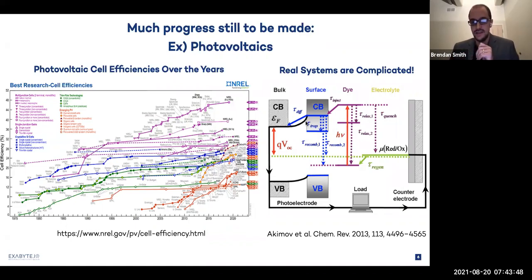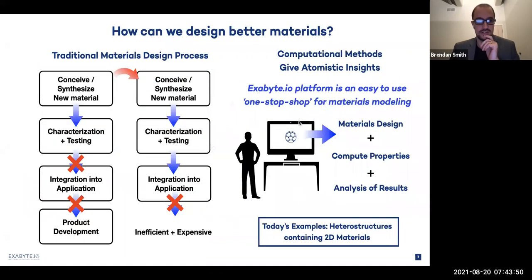I would say you would go on the materials discovery journey, or materials design process, where traditionally it would start with conceiving or synthesizing some new material. You would then characterize and test it, integrate it into an existing application like a photovoltaic cell, and eventually hope to go into product development. But what typically happens is that somewhere along this process, something goes wrong and you have to start again. And using just traditional experimental techniques, this can become quite exhausting, inefficient, and expensive.